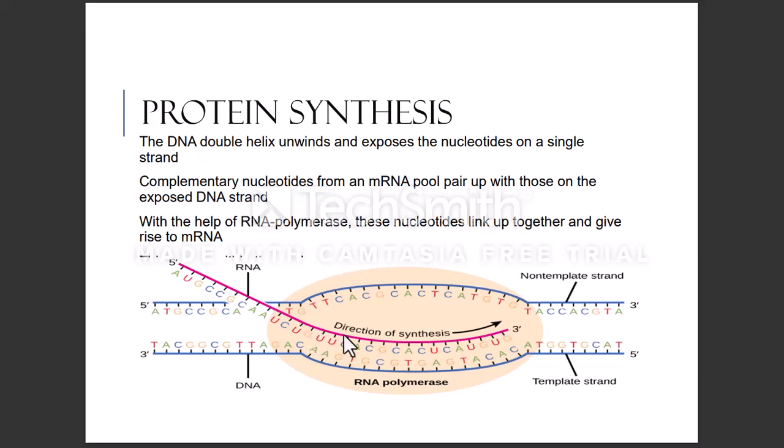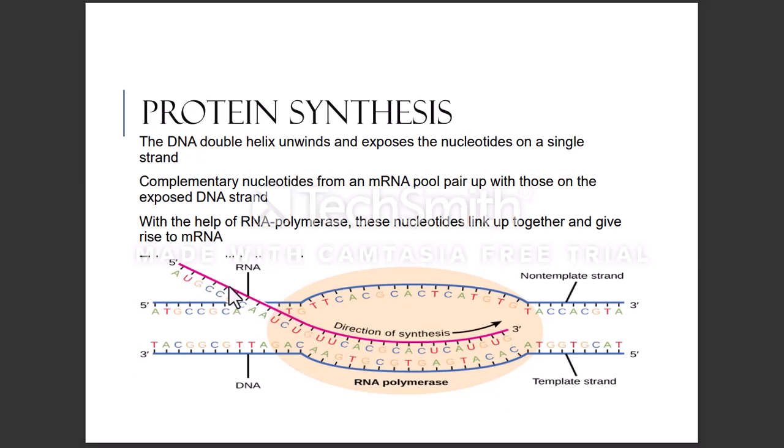So what happens is that initially we have DNA like this that unwinds and exposes some segments of the DNA that become free, and then we have the RNA.